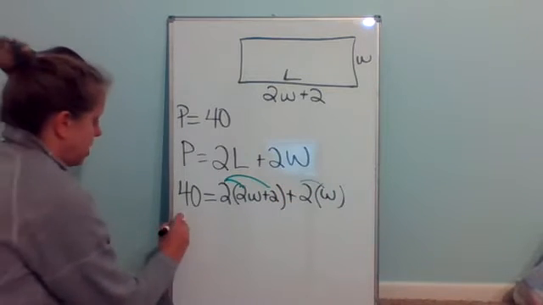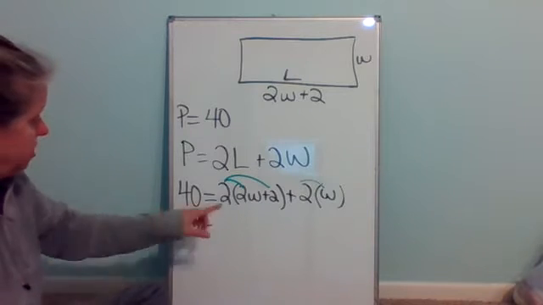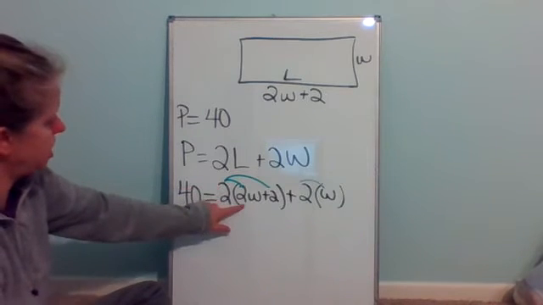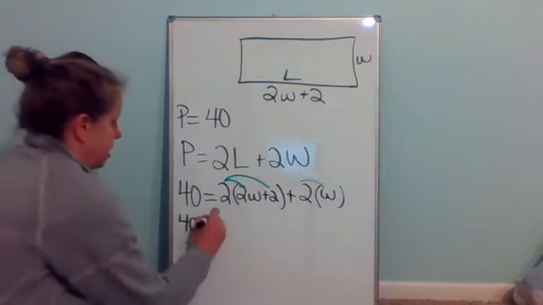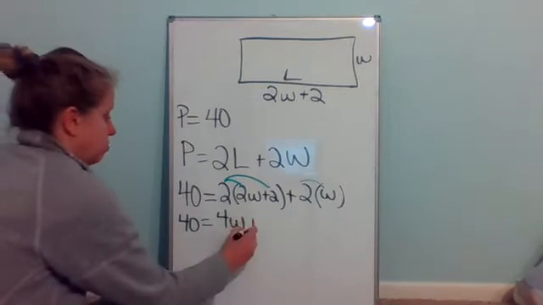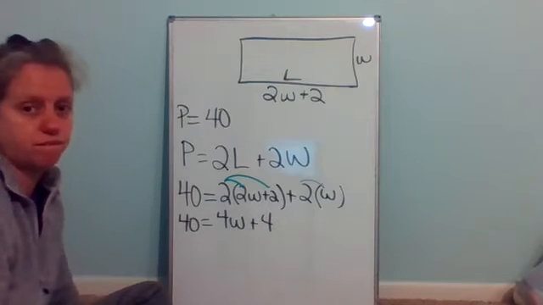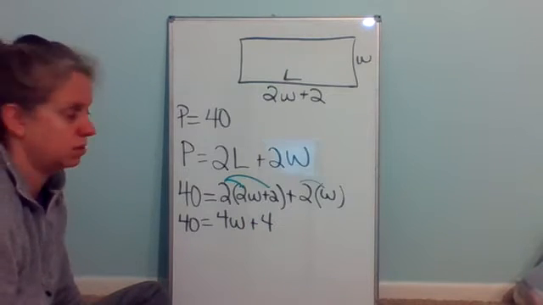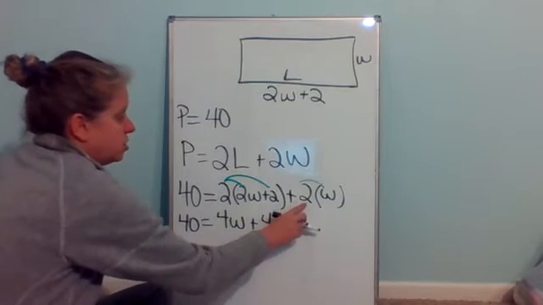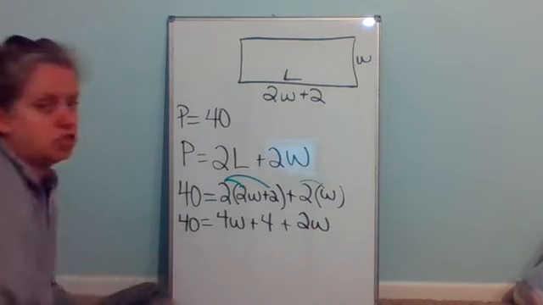So let's see, over here I've got the 40 equals, on the right side, 2 times 2w gives me 4w, plus 2 times 2 gives me 4, plus 2 times w gives me 2w.